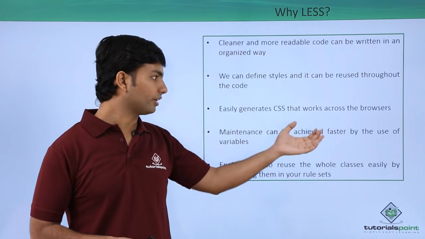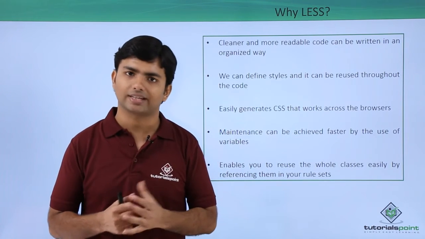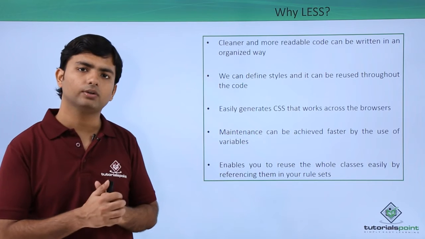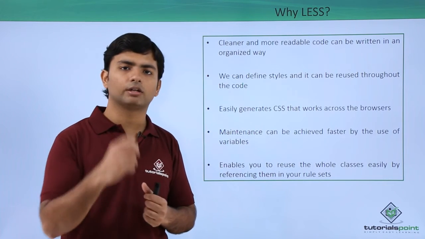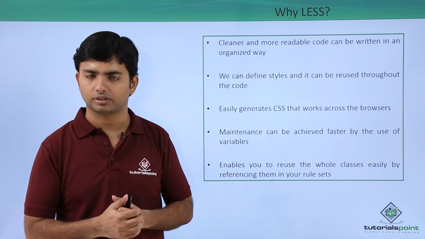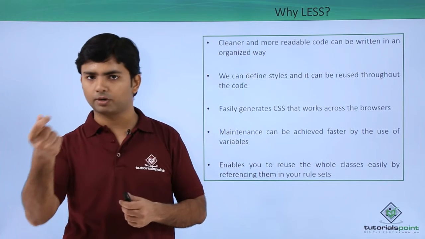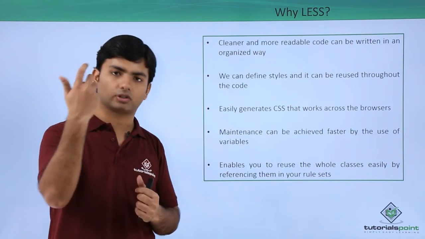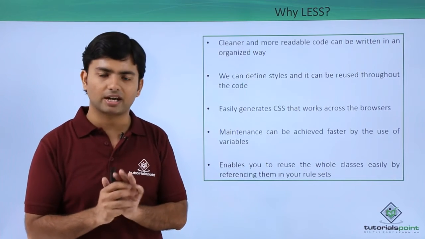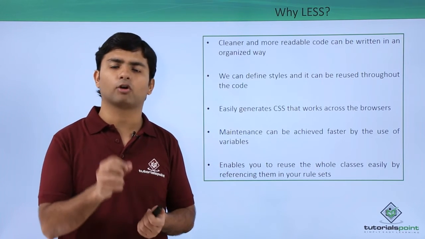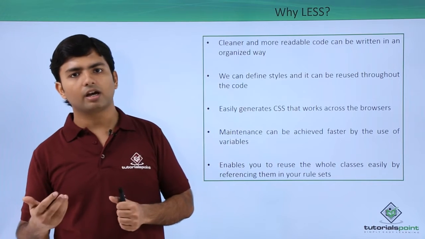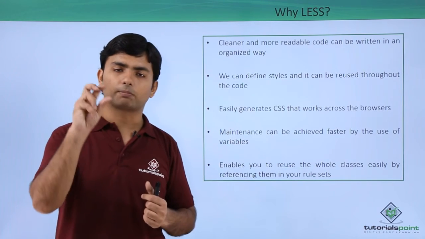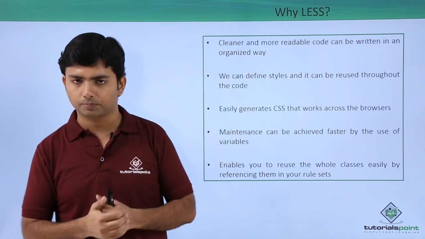Maintenance can be achieved faster by the use of variables. What is that? Let's take a scenario where I have used a blue font color for different purposes. Maybe for some ID selectors, maybe for some DIVs, maybe for some headings, maybe for some paragraphs. All are using the same shade of blue. Later, I want to replace all the blues with greens.